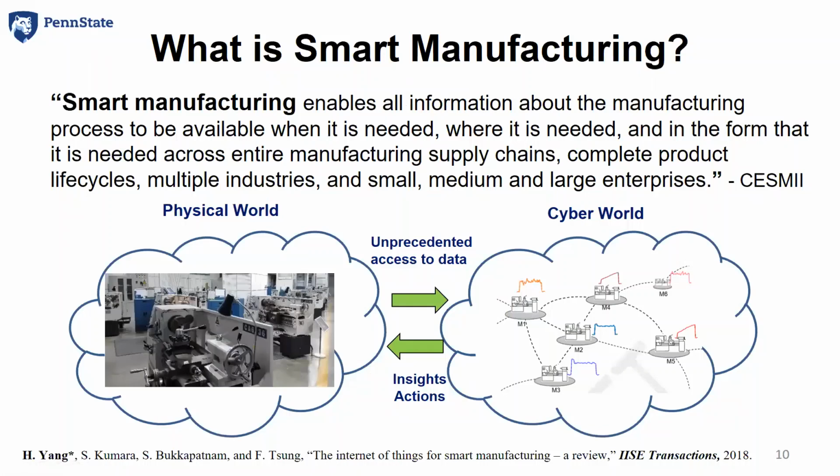Smart manufacturing enables all information about the manufacturing process to be available when it is needed, where it is needed, and in the form that it is needed across the entire manufacturing supply chains, complete product life cycles, multiple industries, and small, medium, and large enterprises.